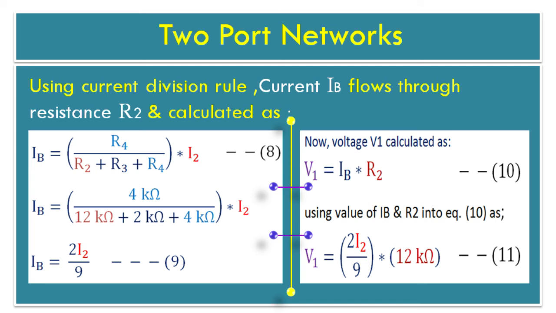Now, voltage V1 calculated as voltage V1 is equal to current IB into resistance R2, which is given by equation 10. Using value of current IB and resistance R2 into equation 10, we get voltage V1 is equal to 24 kilo ohm into current I2 divided by 9, which is given by equation 11.